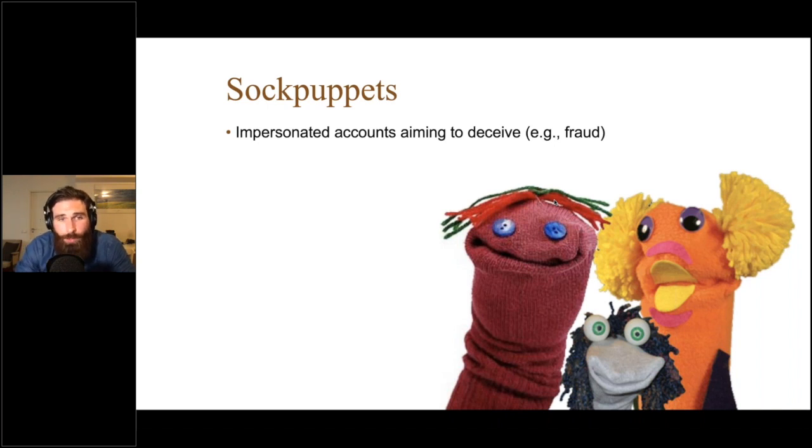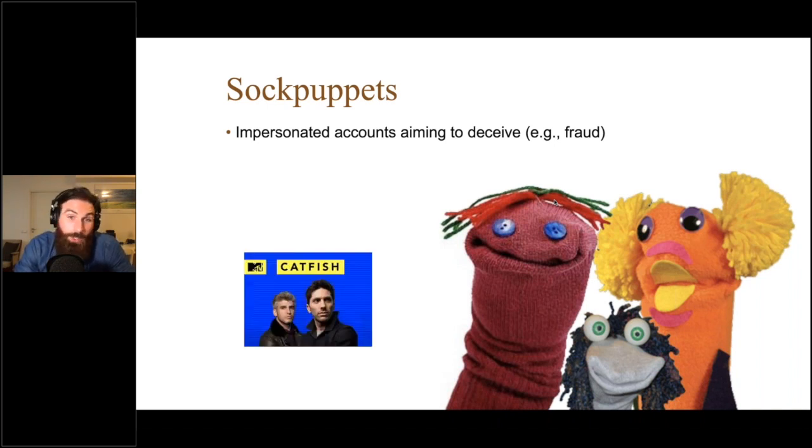But we've seen, if you're familiar with the show Catfish, people do this for romantic purposes all the time. They make a fake profile with fake pictures in order to catfish someone. And interestingly, the fish in Catfish refers to fishing, like the spearfishing we talked about in the last study.